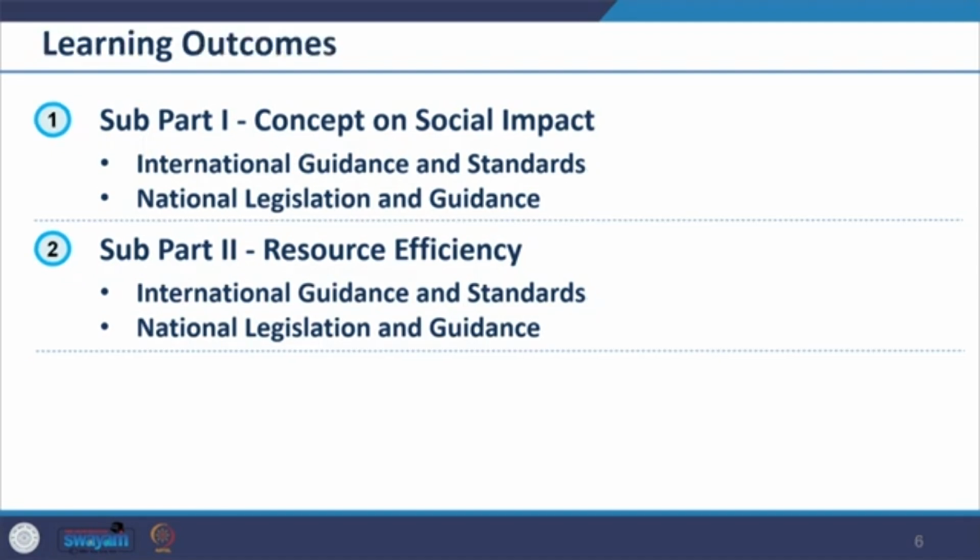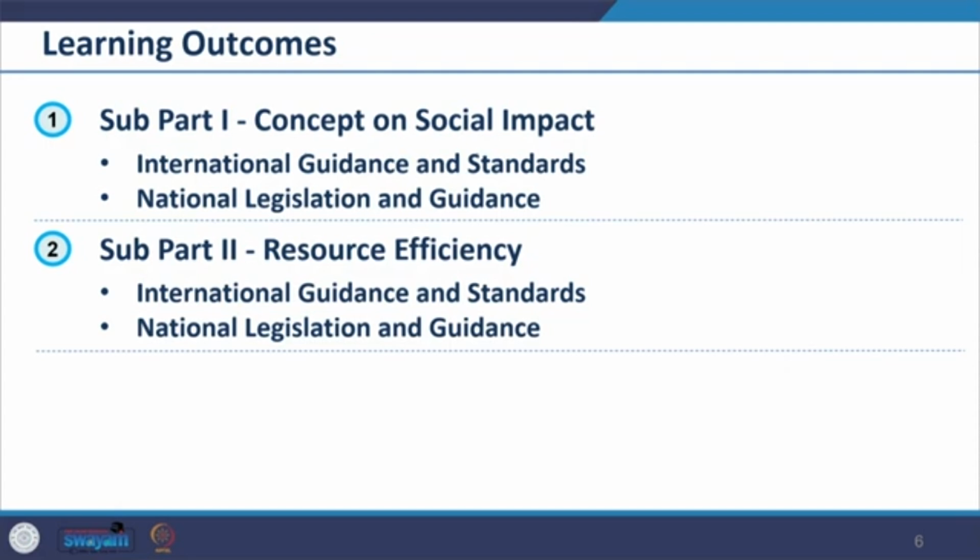So the expected learning outcomes are that you should be able to review the concept of social impact and then identify various international guidance and standards which are there, and then also review national legislation and guidance which align with the larger global context as well as align with the regional as well as the national context.